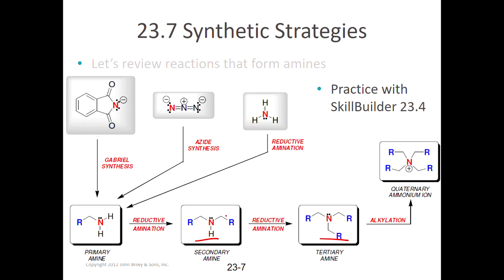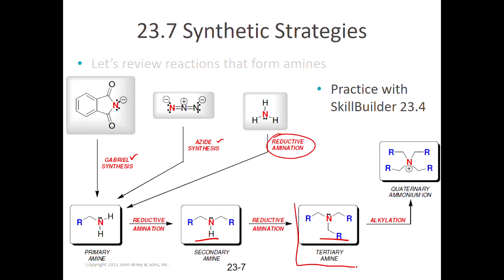So it's hard for me to imagine a situation where you would choose the Gabriel synthesis or azide synthesis over a reductive amination, because it's a reliable reaction, and you can use it if you start with ammonia to make a primary amine. If you start with a primary amine, you can make a secondary, and so on.